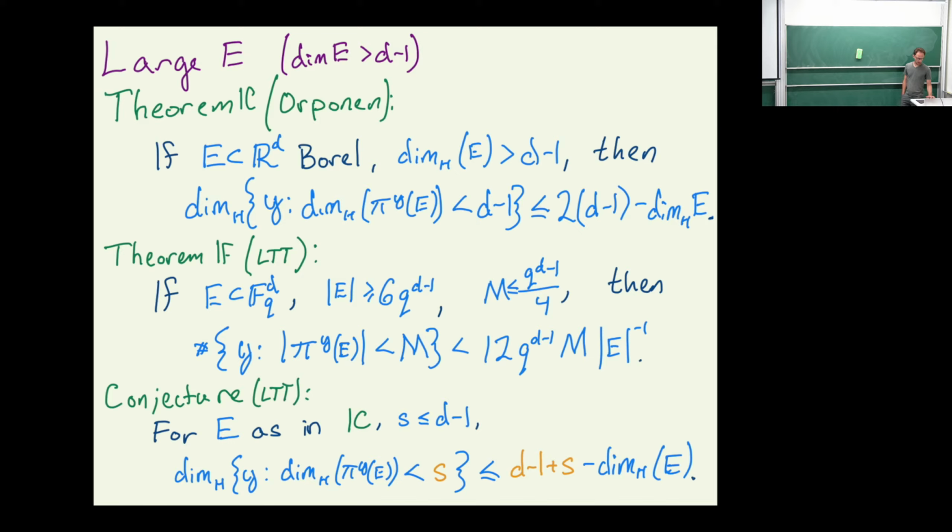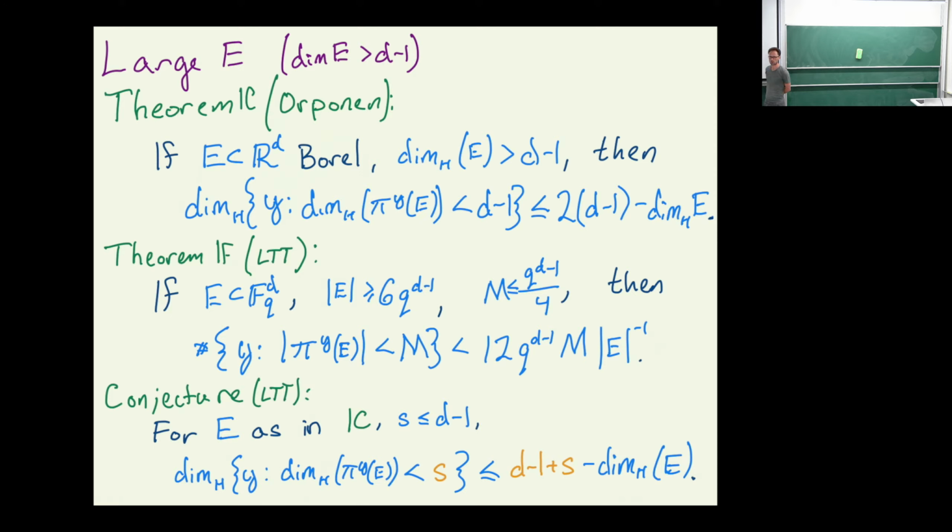So we have an analogous theorem over finite space. Here, if you have a set of points in a d-dimensional vector space over a field of q elements, and E is larger than q to the d minus 1, then you know that every projection is bounded above by roughly q to the d minus 1.